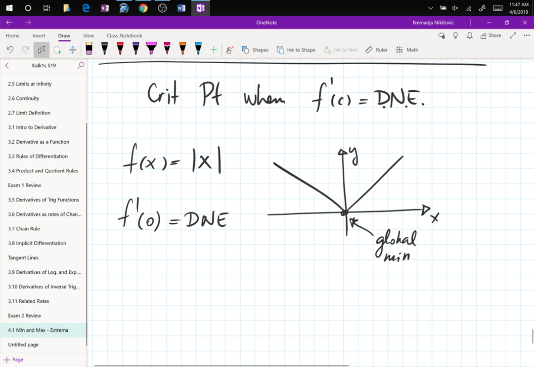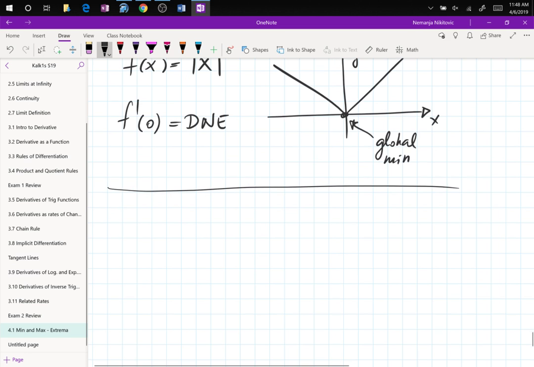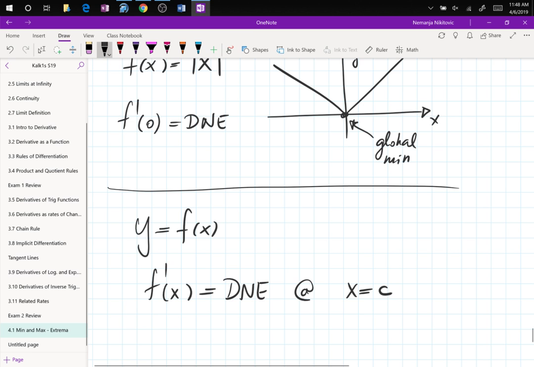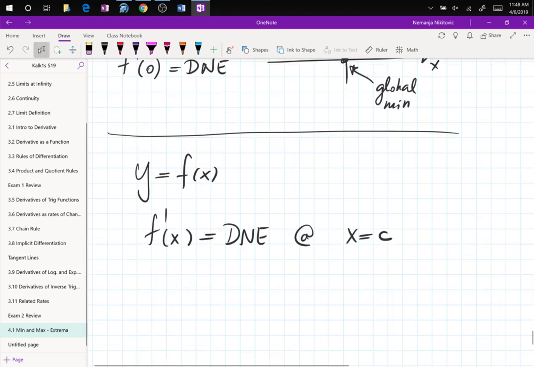Also, not to be confused with vertical asymptotes. You cannot have a point along a vertical asymptote. So if you look at the theory, you have y equals f of x, and you find f prime of x does not exist at x equals, let's say, some value c, there are two possibilities.